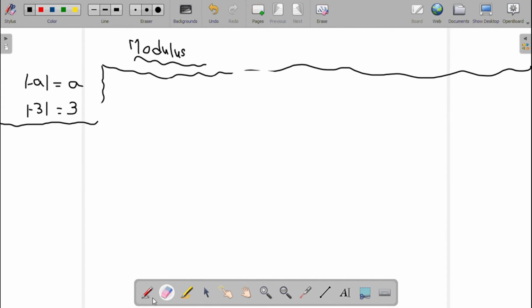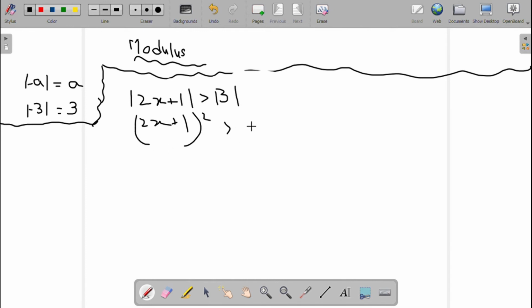Let's say you have some other example now. Let's take |2x plus 1| greater than |3|. So (2x plus 1) the whole squared greater than 3 the whole squared.